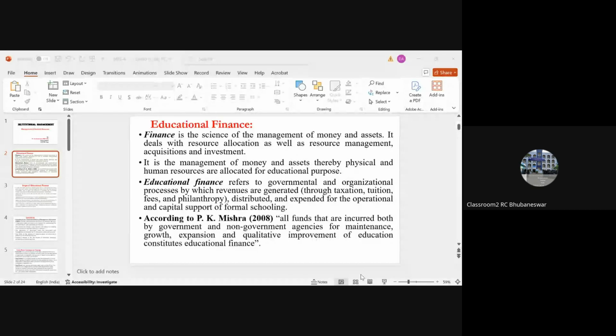Management of money and asset is related to physical and human resources, which are meant for educational purpose, to fulfill the objectives of developing the educational activities of the learners.